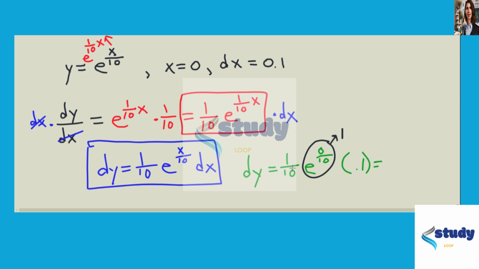So dy equals 1/10 times 1 times 1/10, which is 1/100th, or we could just write it as 0.01. So our expression for the differential of y, dy equals 1 over 10 times e to the x over 10 dx. Our differential in y, dy, evaluated for this x value and this dx value is 0.01.